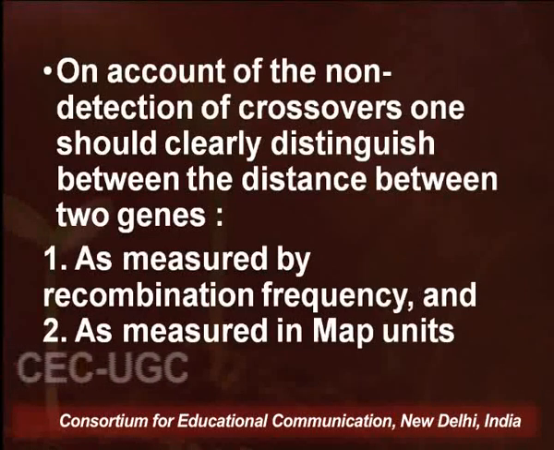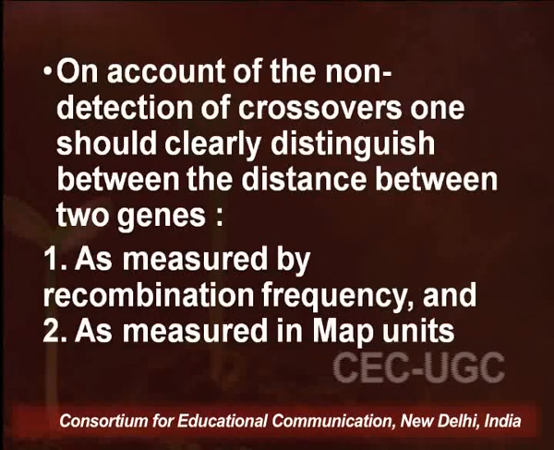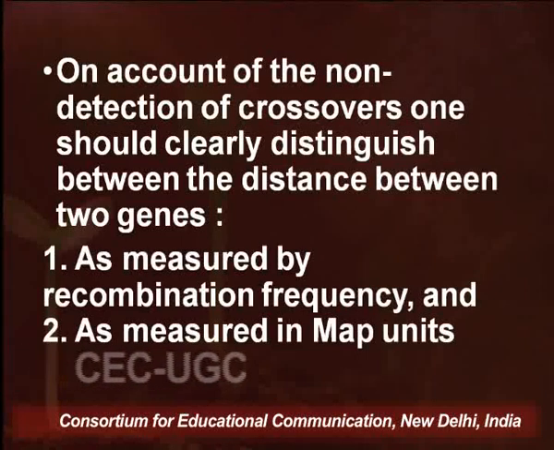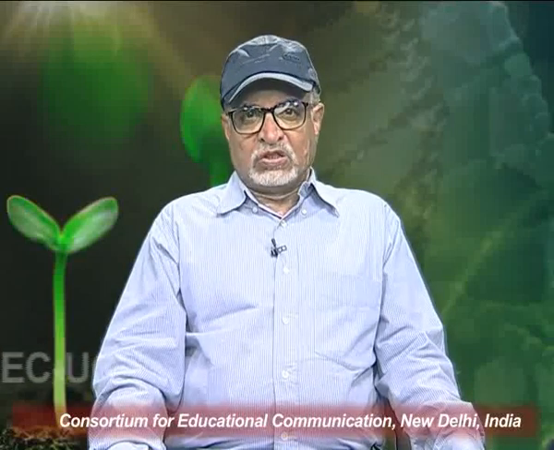At one time we talk about recombination frequency, at another we talk about the frequency of crossing over. Are they always the same? So that means if crossovers are not detected, one should very clearly distinguish the distance between two genes. The distance is measured by recombination frequency in terms of map units.